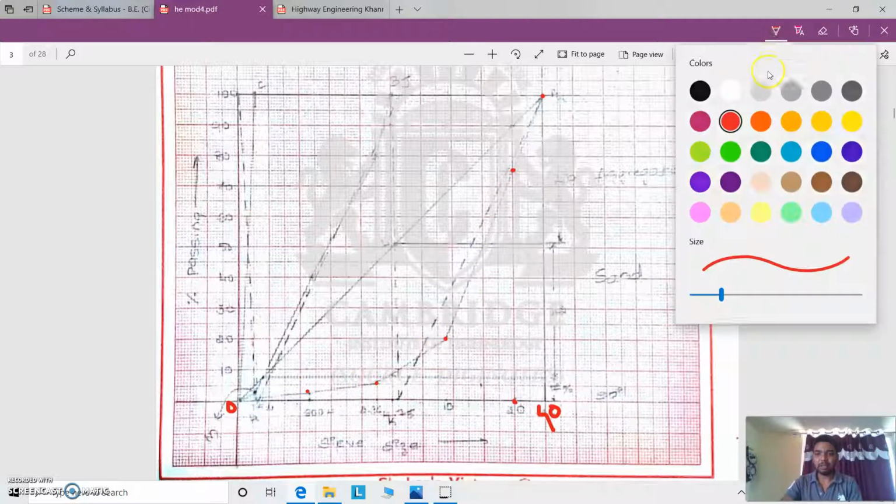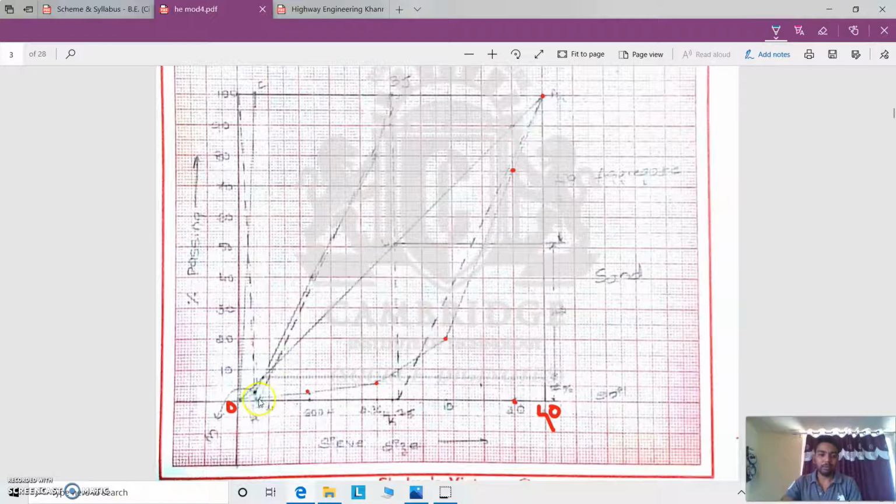And later these points have been joined like this, and we will have points at the particular sieve sizes for percentage passing.